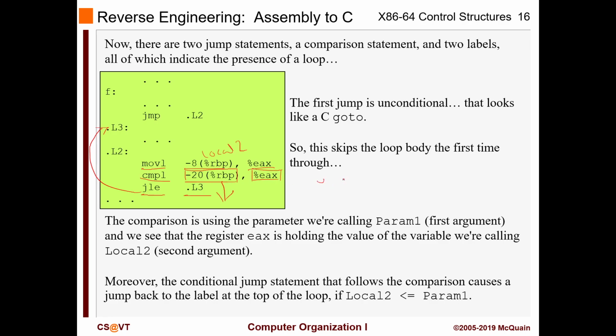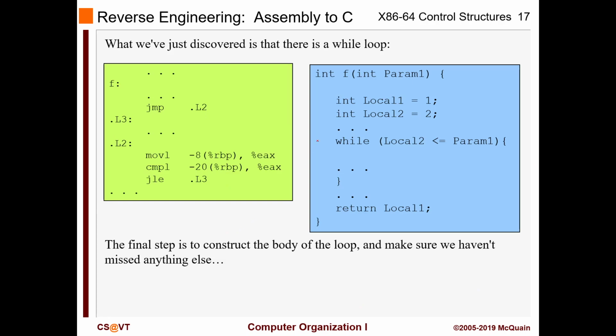So this is basically local 2 minus param 1, right? And then we are checking whether they are less than or equal. So we are basically checking something like local 2 less than or equal to param 1 as stated over here. If that's true, the loop repeats. So from this we can figure out what our condition for the while loop is going to be.